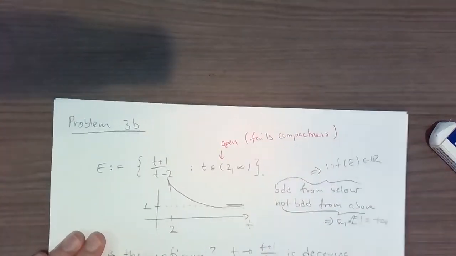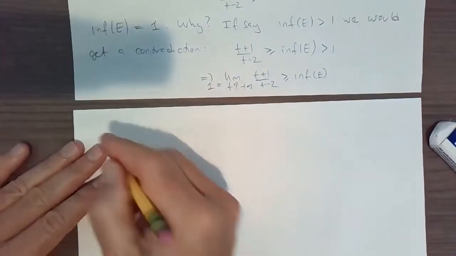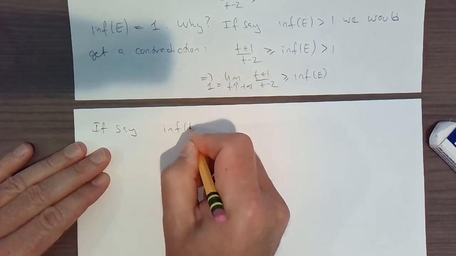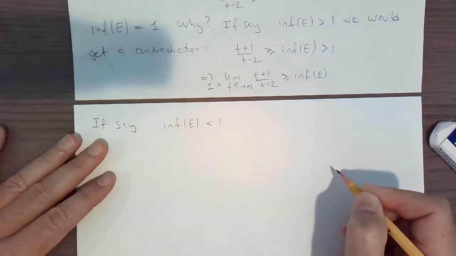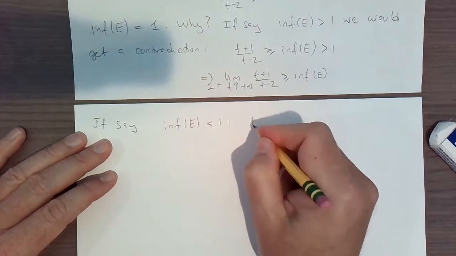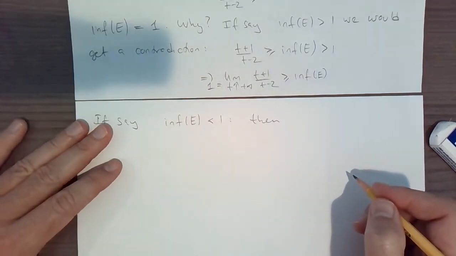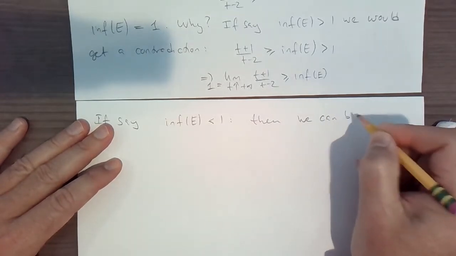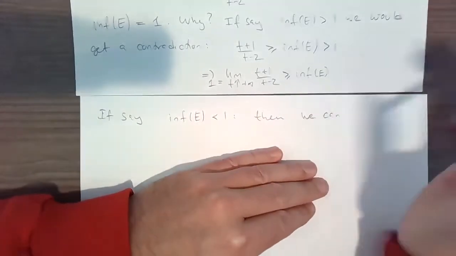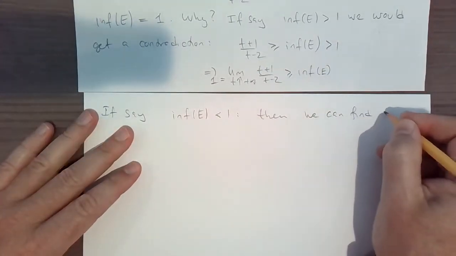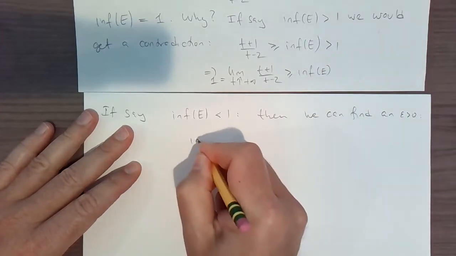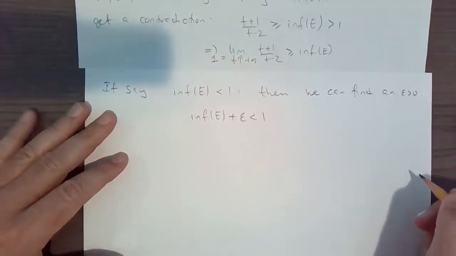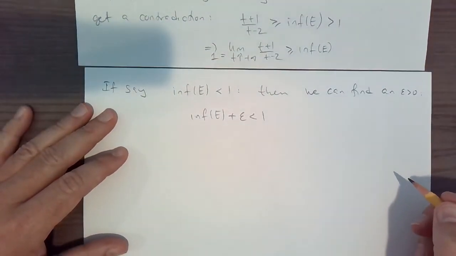And very similarly, say the infimum would be strictly less than 1. Well then what? Then we can find an epsilon such that the infimum plus epsilon stays below 1, right?